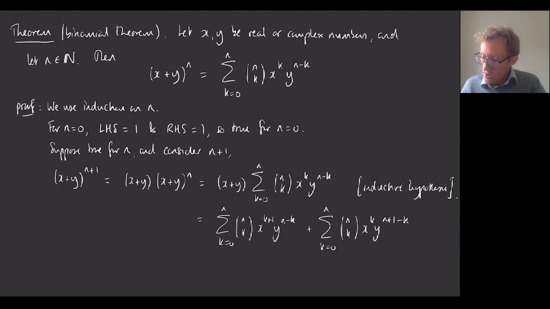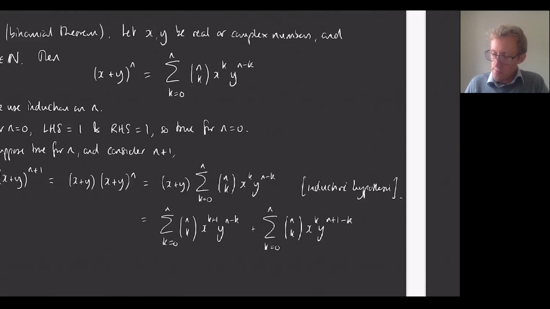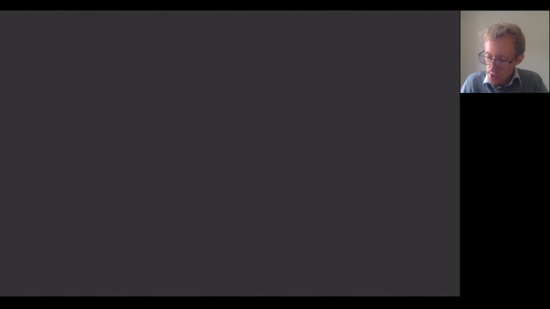And then what I'm going to do, I'm going to move on to the next slide, is to take out the final term k equals n from this sum, and I'm going to take out the first term k equals 0 from this sum. It's just going to be convenient to do that in order to work with the algebra. So this is continued.